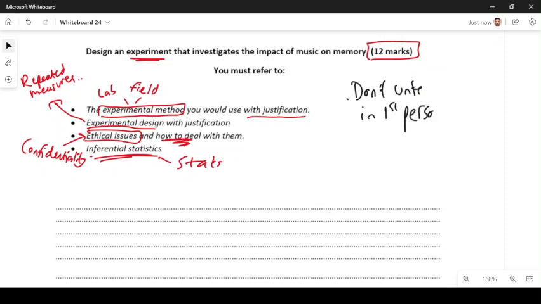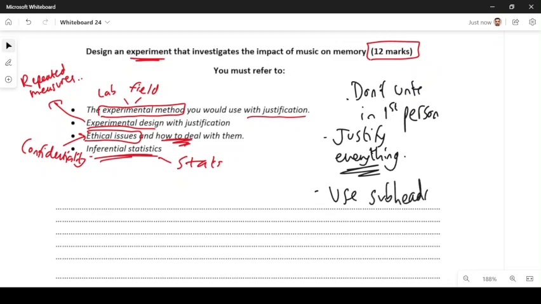So never say I will choose this. I'd also say justify everything, and also use subheadings for clarity and coherence.